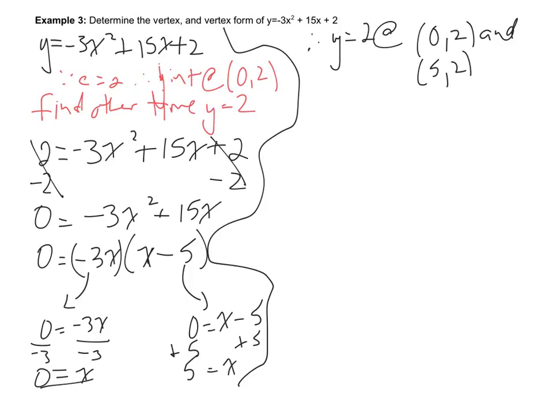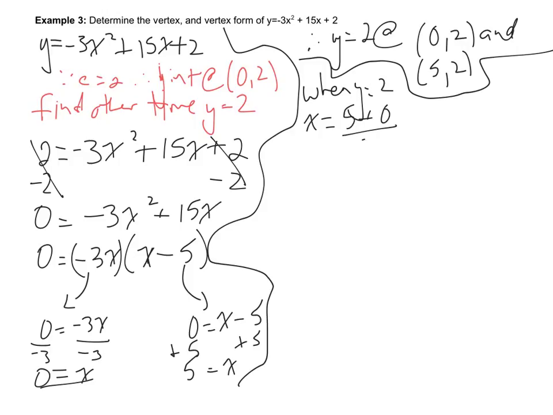The next thing we can do is find our axis of symmetry. So when y equals 2, x equals 5 plus 0 divided by 2. Let's see if I can do it right this time. So 5 plus 0 is 5, and divided by 2 would be 2.5.